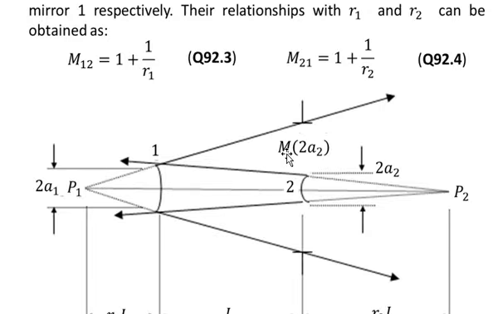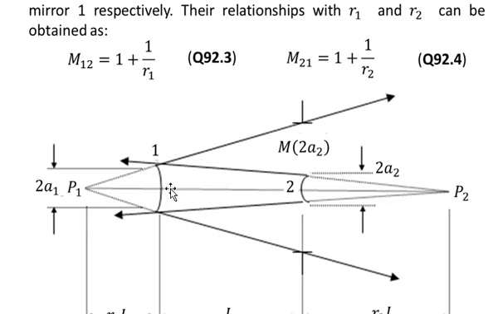And you see that this capital M is being multiplied with 2A2, the dimension of mirror 2, because here we are starting from mirror 2. The light will leave mirror 2 towards mirror 1, so the magnification will be M21, and from mirror 1 the light is reflected off, and then the magnification will be M12.